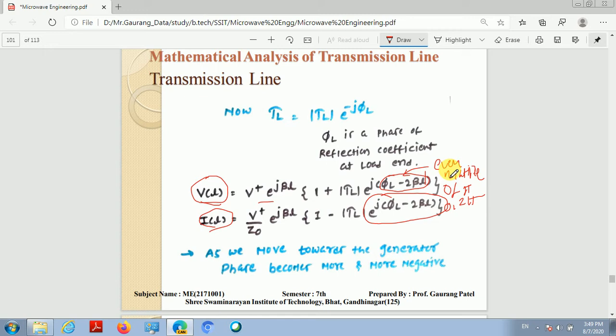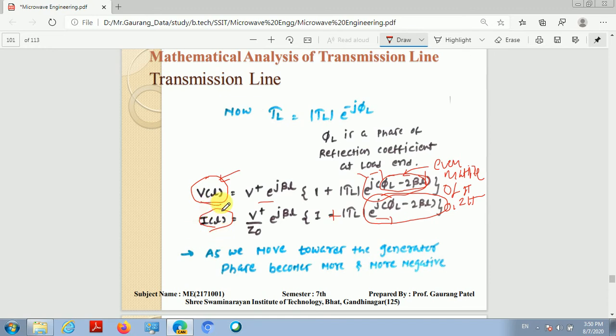Similarly, when this phase is an odd multiple of pi, that is pi, 3 pi, 5 pi, 7 pi and so on, at that location this exponential term becomes minus 1, and the voltage becomes minimum, because it results in 1 minus mod gamma L. At the same location this exponential term is also minus 1 and this becomes plus 1, so the current will become maximum.